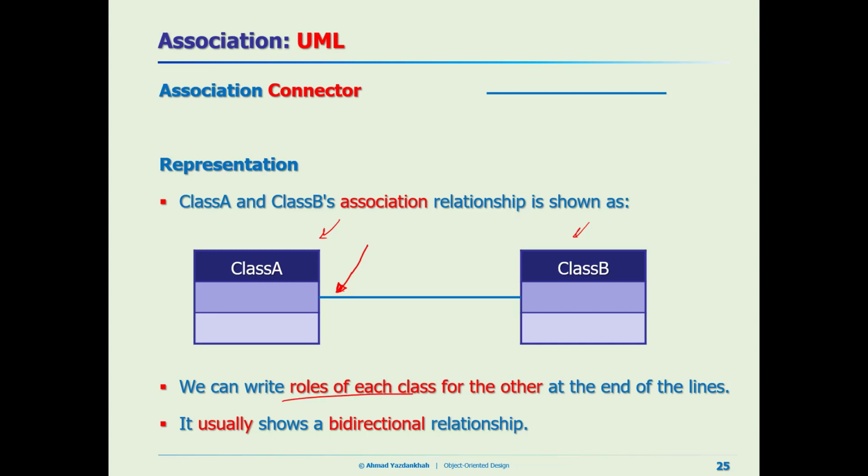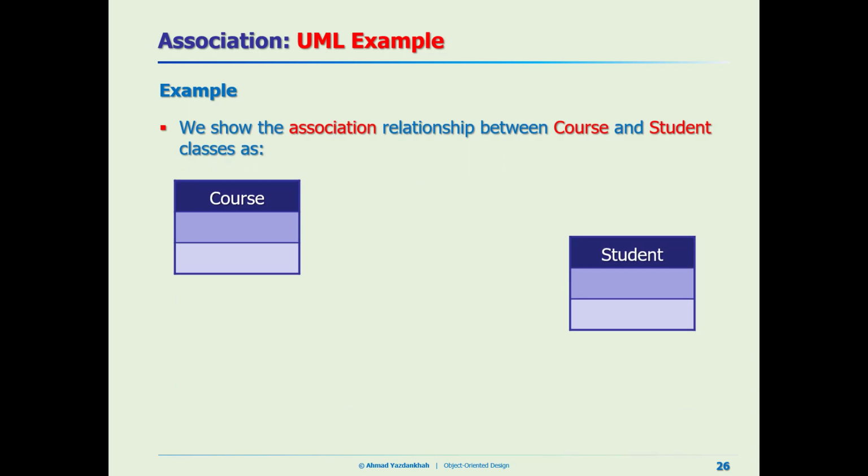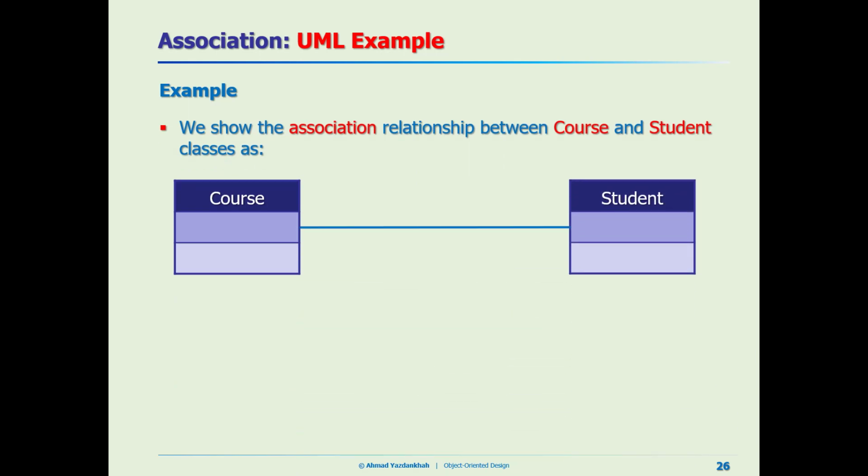Let me take an example. What does it mean by the roles? For example, the course class and student class, and we didn't use aggregation or composition, we are just using the association like this.